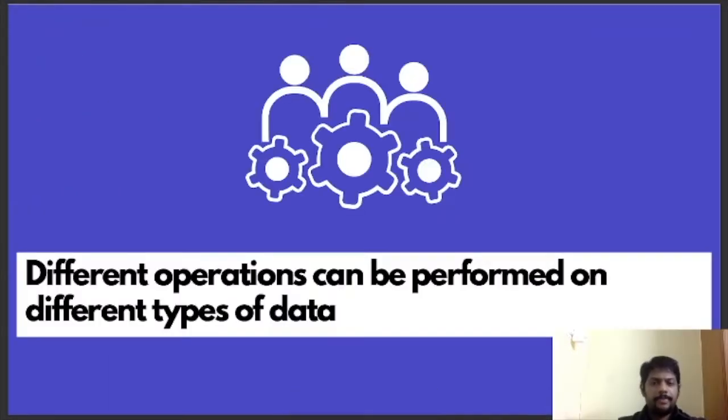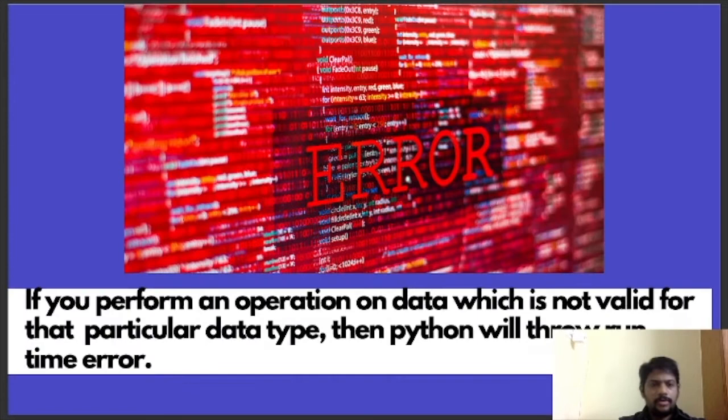Different operations can be performed on different types of data. That means the operations that are valid for one data type might not be valid for another data type. So let us say you performed an operation on data with a particular data type, but that operation is not valid on that data type.